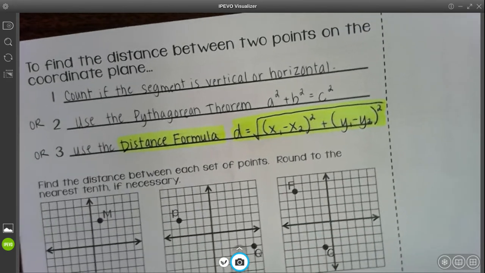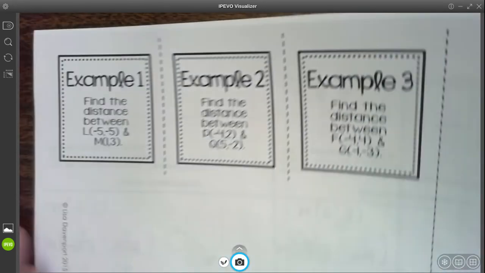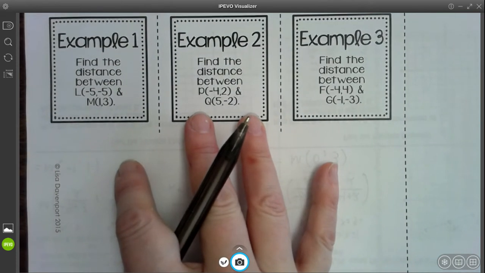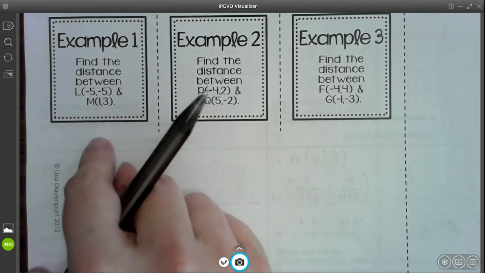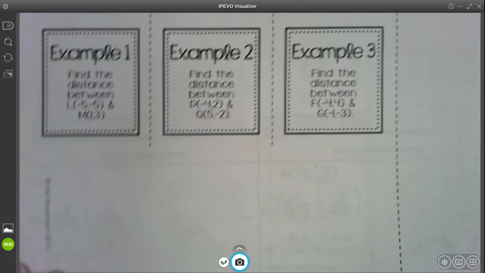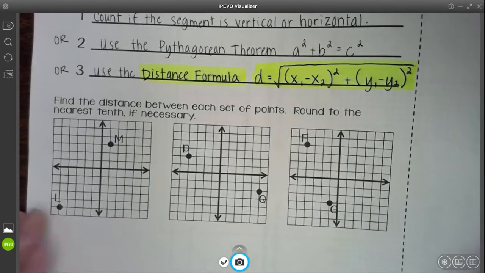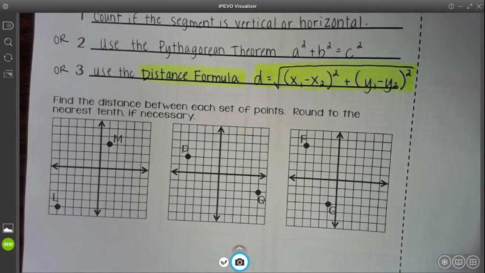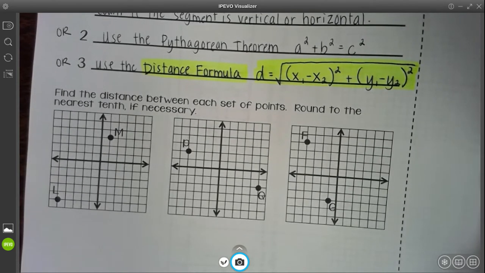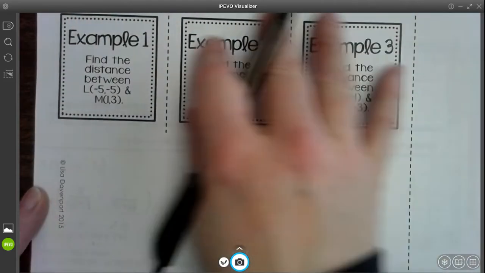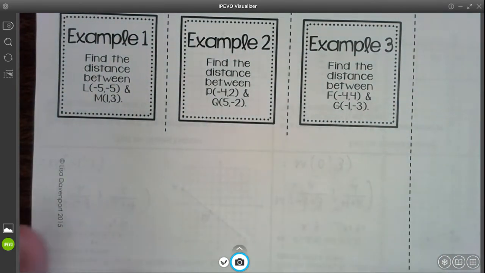Okay, so here it says find the distance between L being at -5, -5, and M being at 1, 3. And actually, that's this on this page right here. It's just this thing used to be a foldable, and it's not exactly going the best. So I'm going to say you can probably ignore this page 12 altogether.